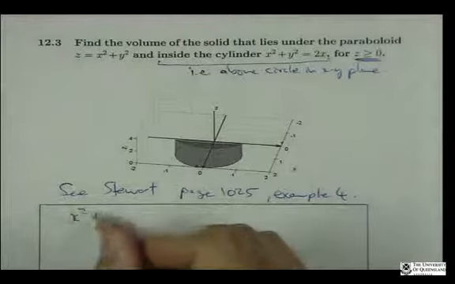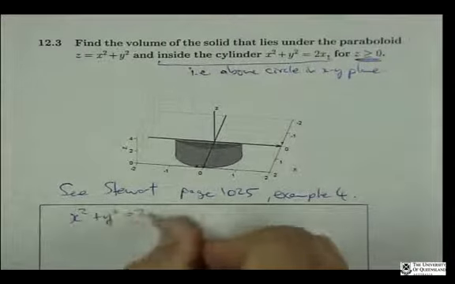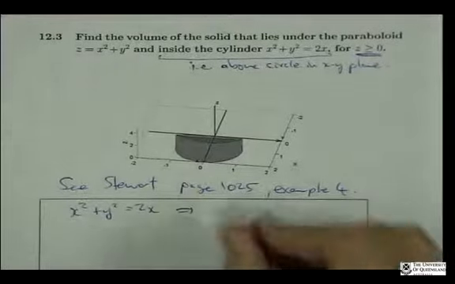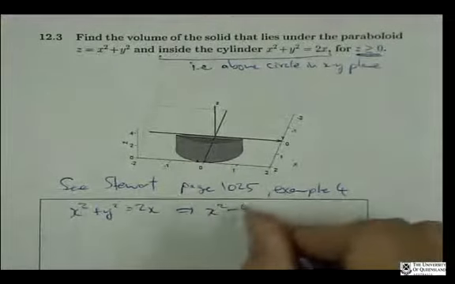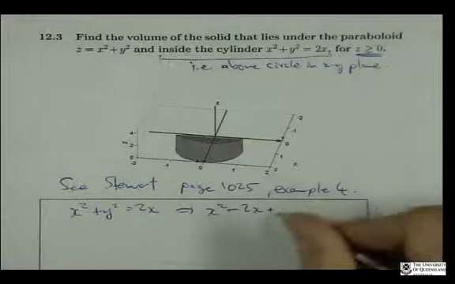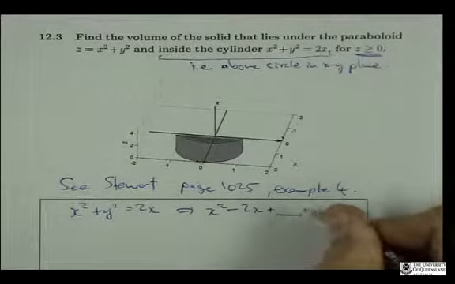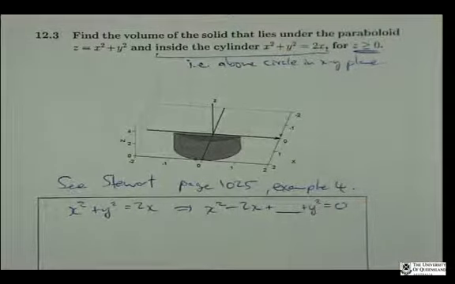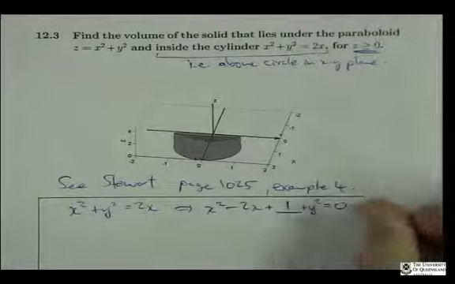So we've got the equation x squared plus y squared equals 2x. This is one of those examples where we need to complete the square, right? So x squared minus 2x plus something, I'll leave that blank for the moment, plus y squared equals 0. Now in this case, if I add 1 to both sides, I think it's that easy.